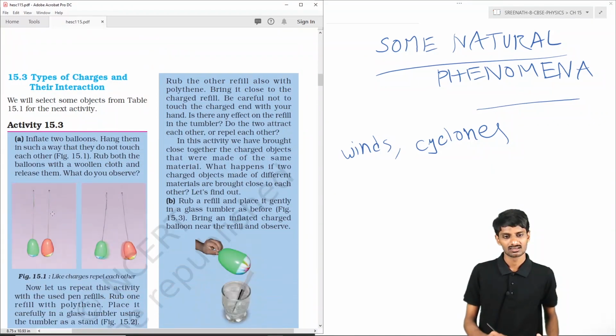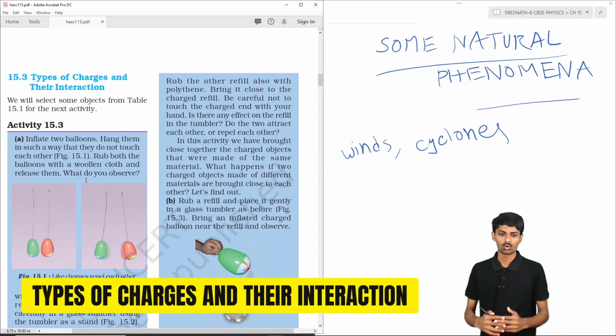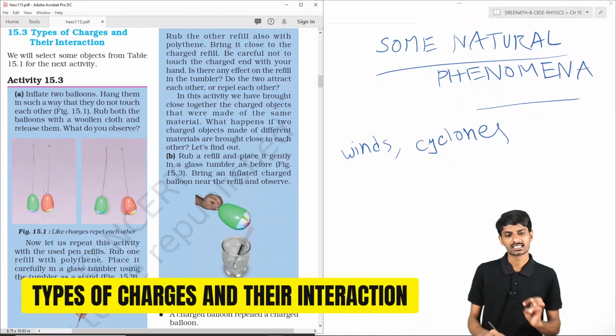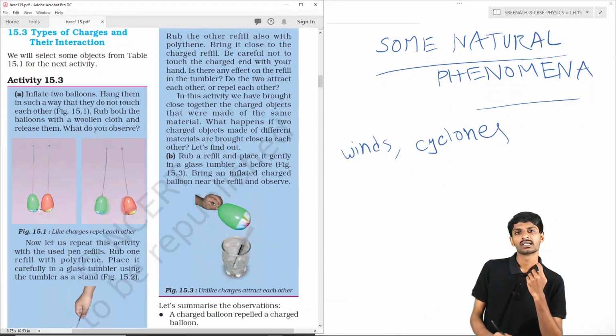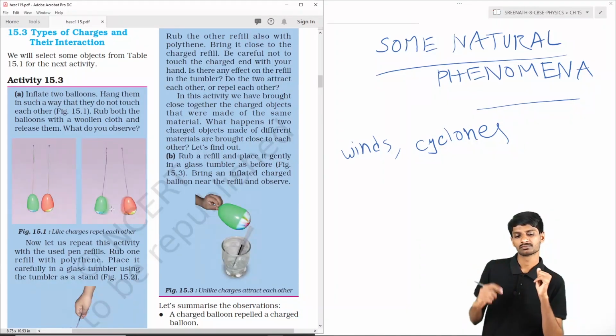Next, types of charges and their interaction. The first activity, students: take two balloons and rub each balloon with woolen cloth separately and leave them. What you will observe is that they move away.